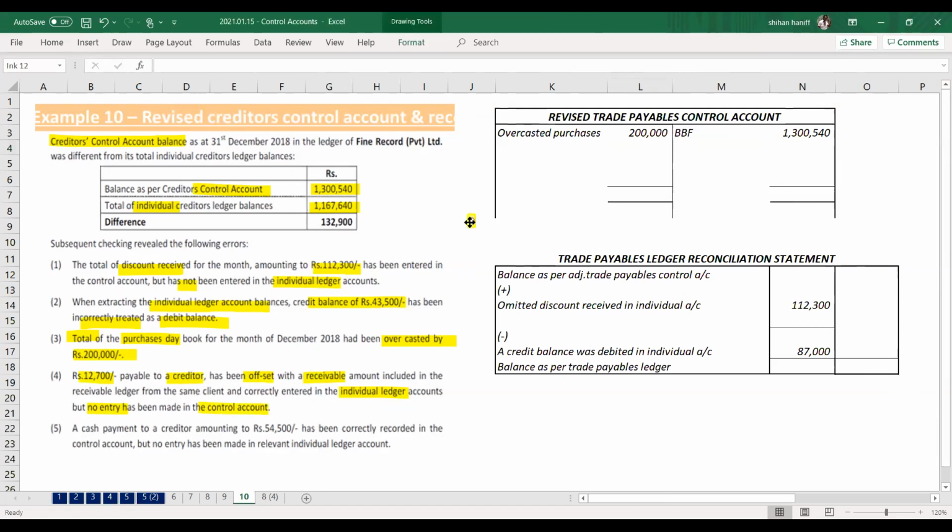So set off will be debited. Payable, the creditor balance will reduce. Set off against 12,700 comes under the control account.